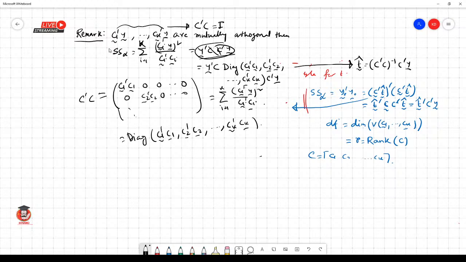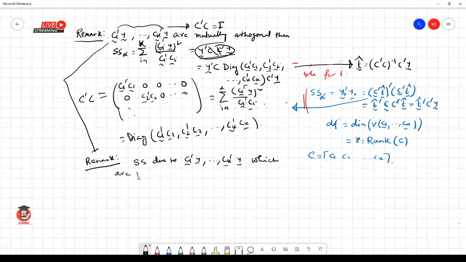And automatically, another remark. If c1 curl prime y curl, ..., ck curl prime y curl are mutually orthogonal, then SS due to script L is nothing but sum over i from 1 to k of (ci curl prime y curl) whole square, because in that case ci curl prime ci curl equal to 1.